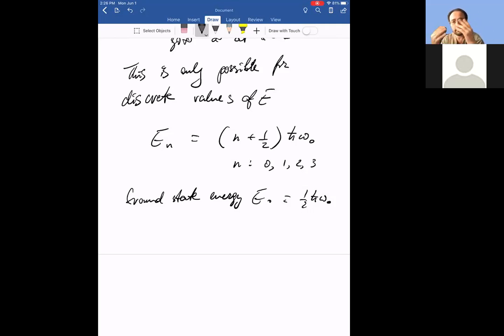Quantum mechanics says, well, you cannot have a zero energy. The harmonic oscillator always jiggles around. This is very interesting. If you think about it, this is a consequence of the uncertainty principle. We cannot have the zero energy scenario in quantum mechanics like we do in classical mechanics, because in classical mechanics, zero energy means both the position is well defined, at the equilibrium point, and the momentum is also 0.